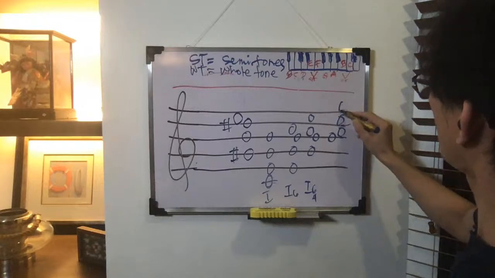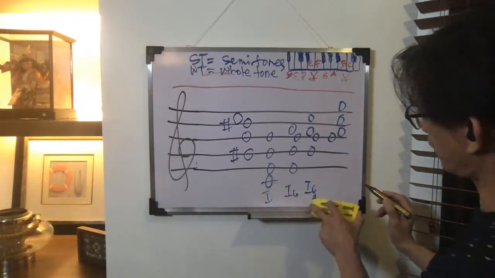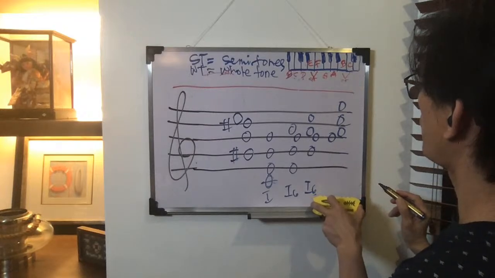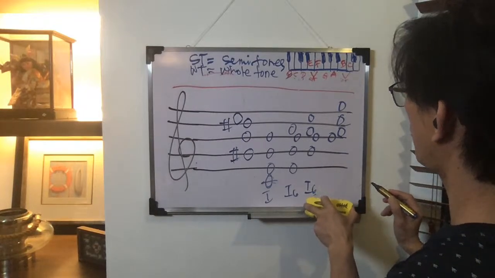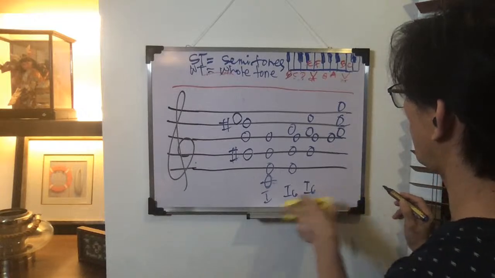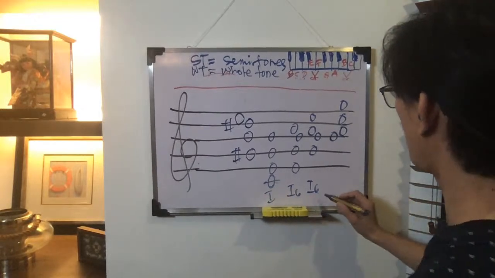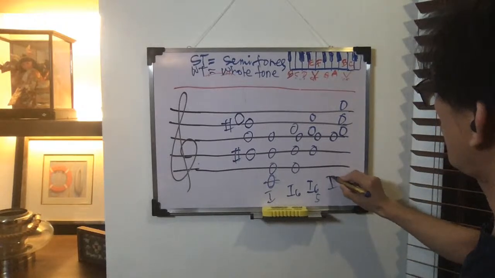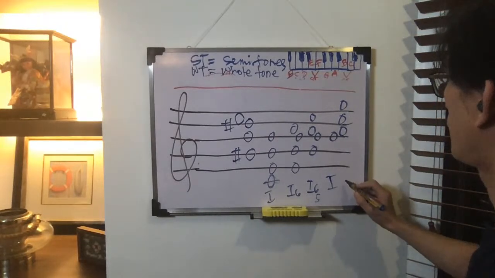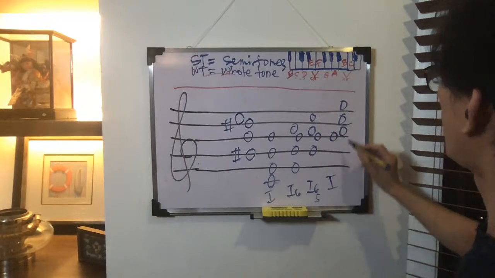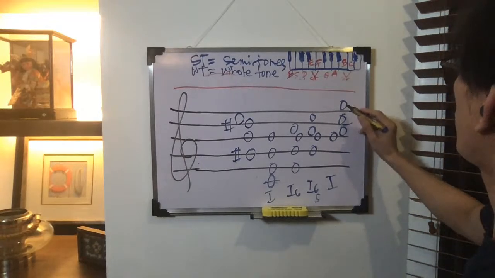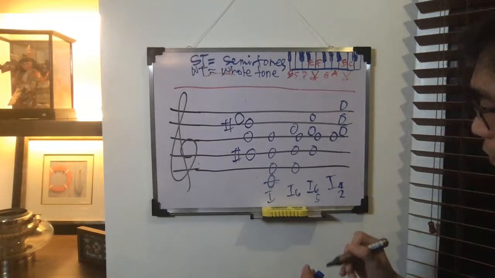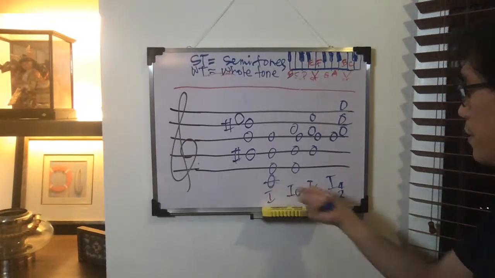Here, this will become tonic 6, 6 5, and then here it's tonic 1 2 3 4 2. These are just tonics.